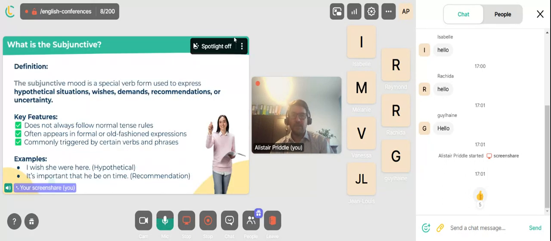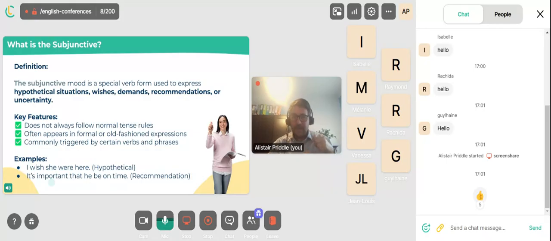So what is the subjunctive? Let's have a look at a definition. The subjunctive mood is a special verb form used to express hypothetical situations, wishes, demands, recommendations, or uncertainty.